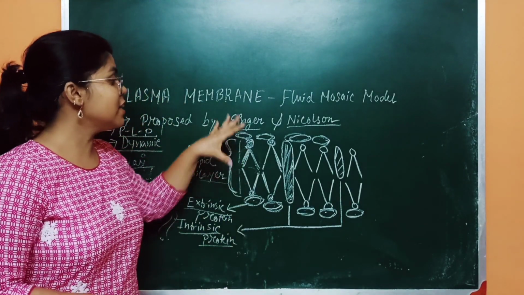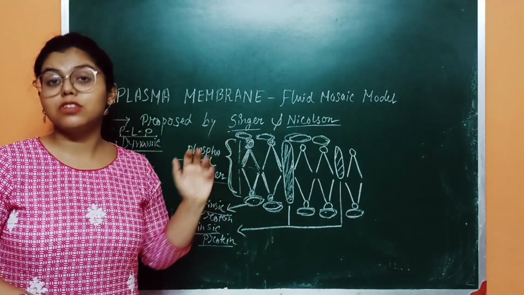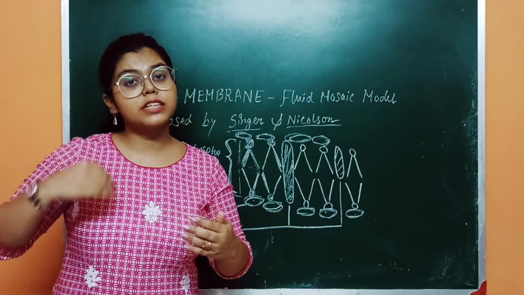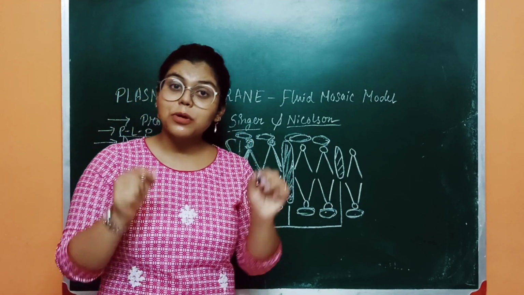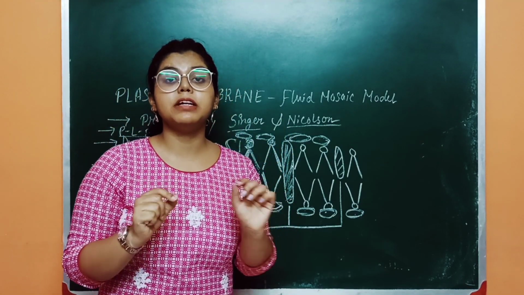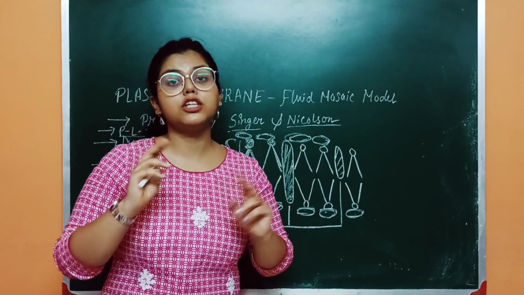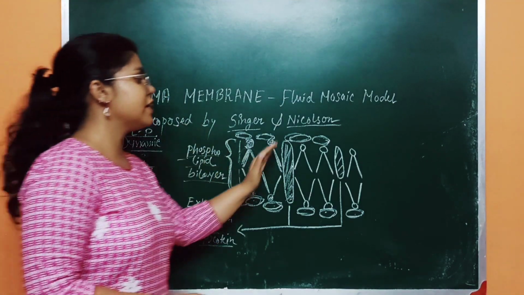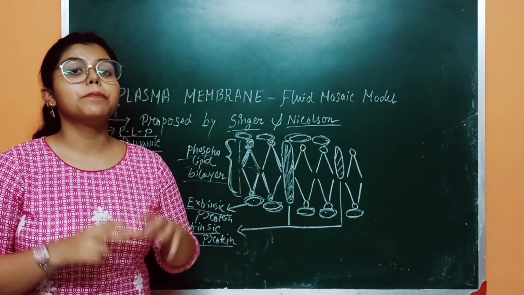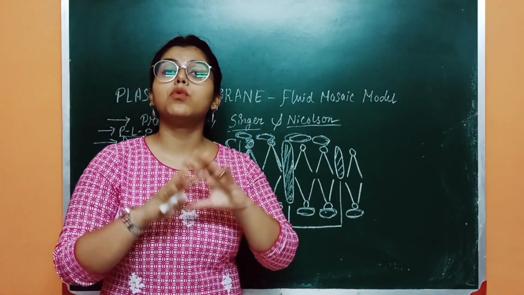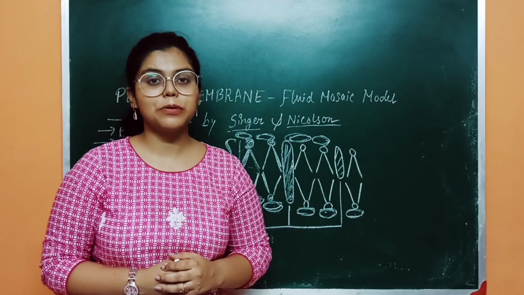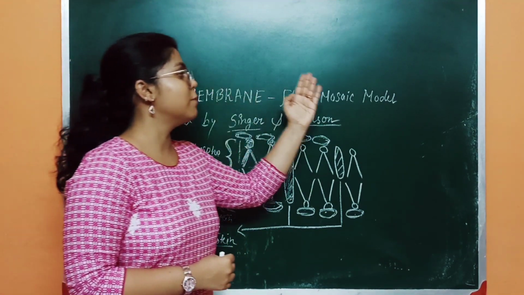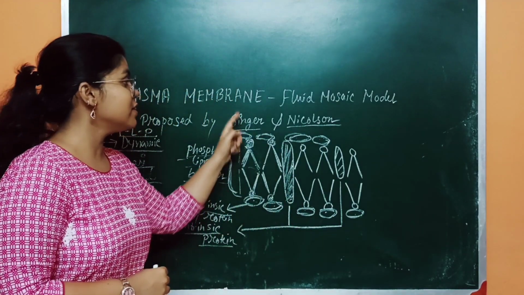Because of the different lipid bilayers, and the outside and inside of the lipid bilayer, and also inside the lipid bilayer, that means the space between the two lipid layers, different types of proteins are present. So the proteins and the phospholipids make a mosaic-like arrangement. So this is known as the fluid mosaic model by Singer and Nicholson.